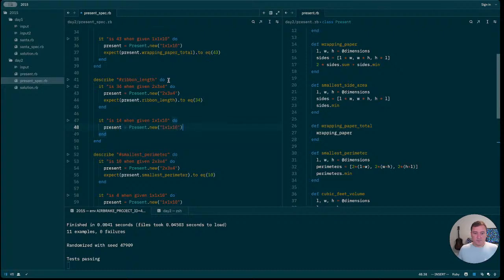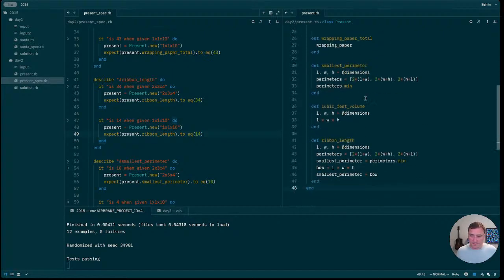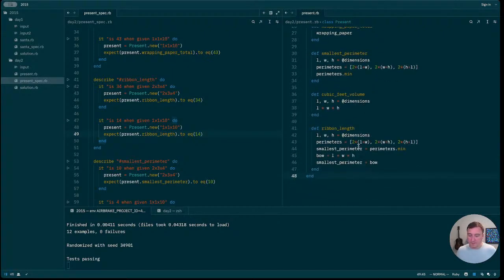Present new, expect present length 14. Right. Okay, and tests are still passing because it's not actually using any of the helper methods we wrote, but it looks like it doesn't matter for now.